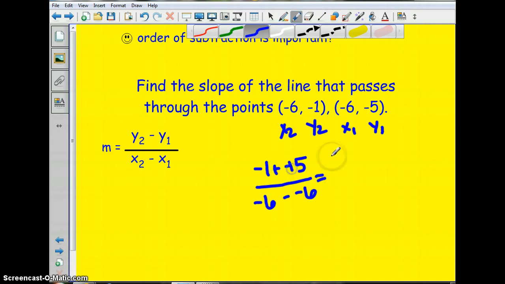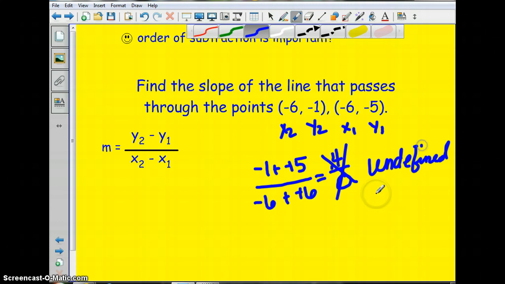So this becomes a positive 4, and this becomes a 0. Now, what happens when we have a 0 in the denominator? Yes, you're right, the universe explodes. You can't do it. Remember the last video? It says that it's a curse word. When you have 0 in the denominator, it's called undefined. And you remember what the slope looked like when it was undefined? Yep, it was straight up and down. Undefined.